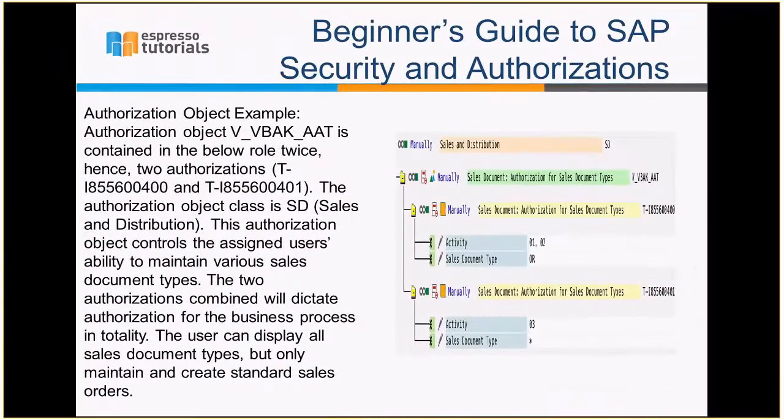There's a transaction that you can add to a role. The transaction is VA01, Victor Alice 01. And that is a transaction that says create sales order. But in order for the user to create a sales order, they do not just need that VA01 transaction. They also need other underlying permissions and authorizations to do those activities.